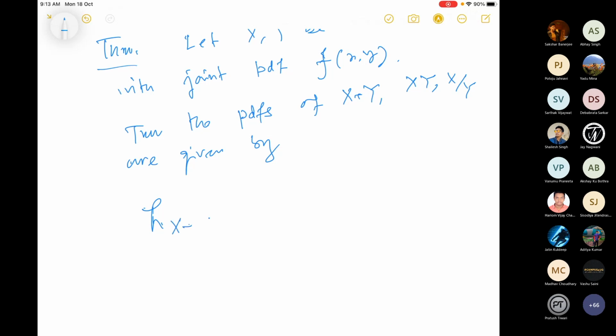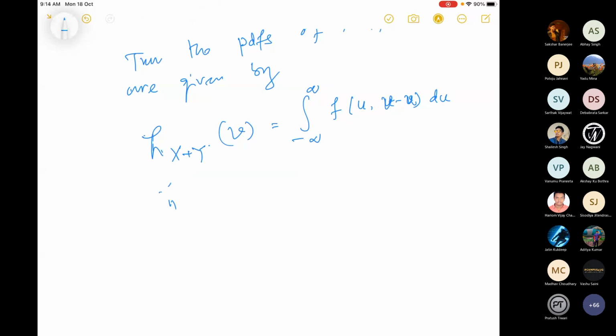As a special case, you can see the proof in the above example for x plus y. So directly you can write the formula: h of x plus y, v, is the integral from minus infinity to infinity of f of u, v minus u, du. I think this will be v minus u. This is the formula for x plus y. For x times y, h of v is the integral from minus infinity to infinity of 1 by mod of u, f of u, v by u, du.